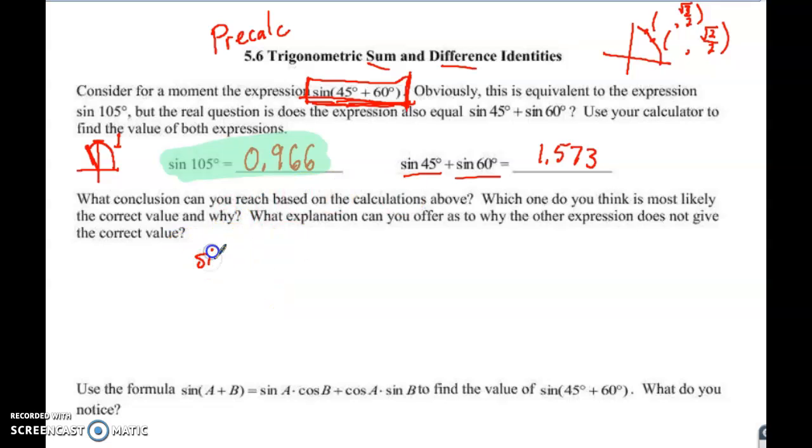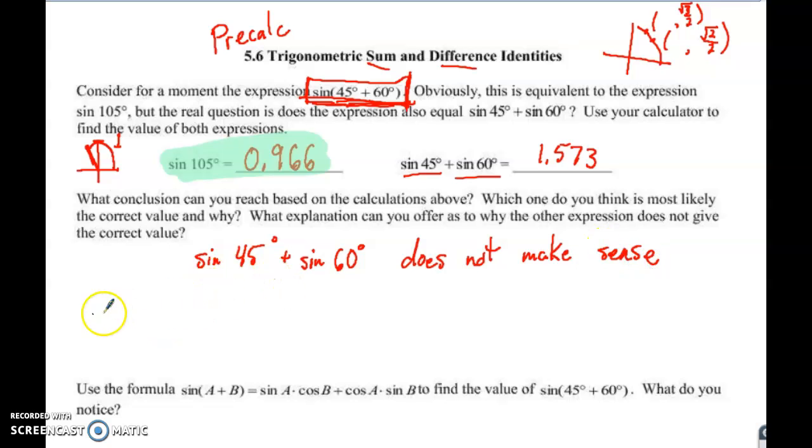So I'll just write it that way. Sine of 45 degrees plus sine of 60 degrees does not make sense, because we are doing the order of operations, so we do parentheses first.